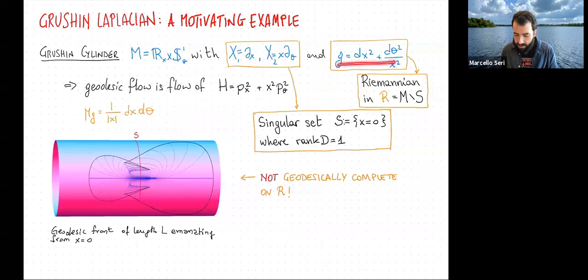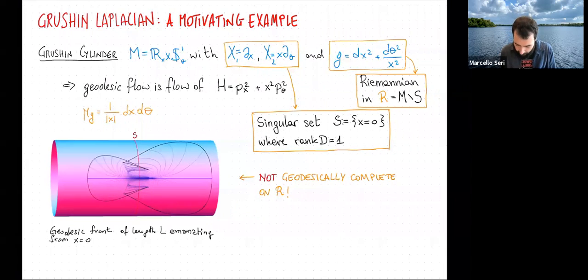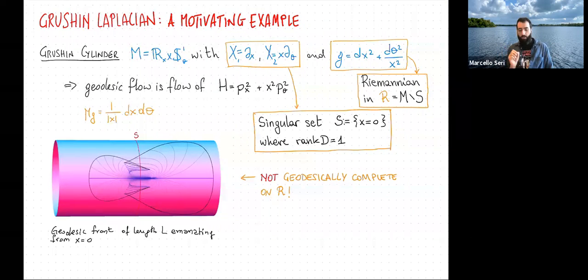This g is a Riemannian metric as long as you are in the complement of the singular set, the set in which you lose this, x equals 0. So outside this red line in the cylinder. And here we see one difference from what I told you before. I told you that all the complete sub-Riemannian spaces correspond to an essentially self-adjoint sub-Laplacian.